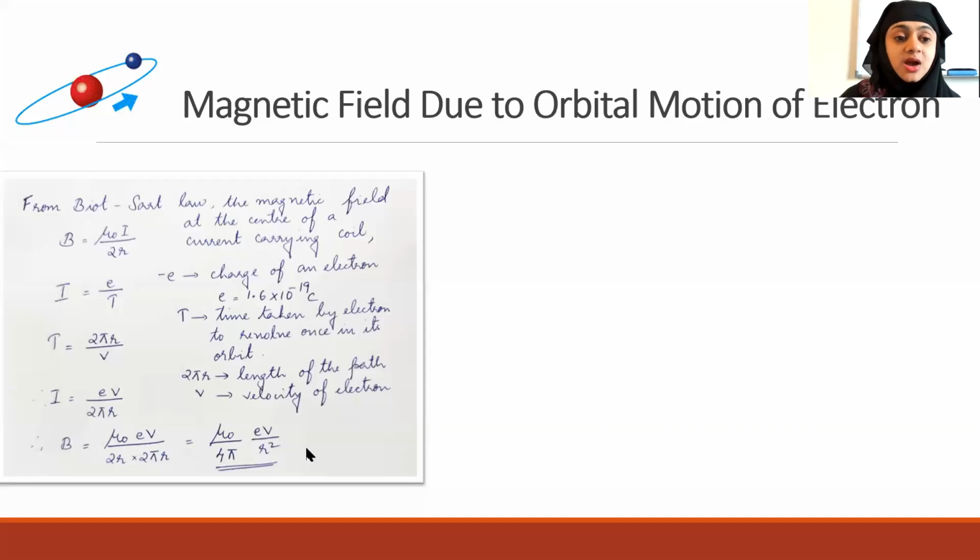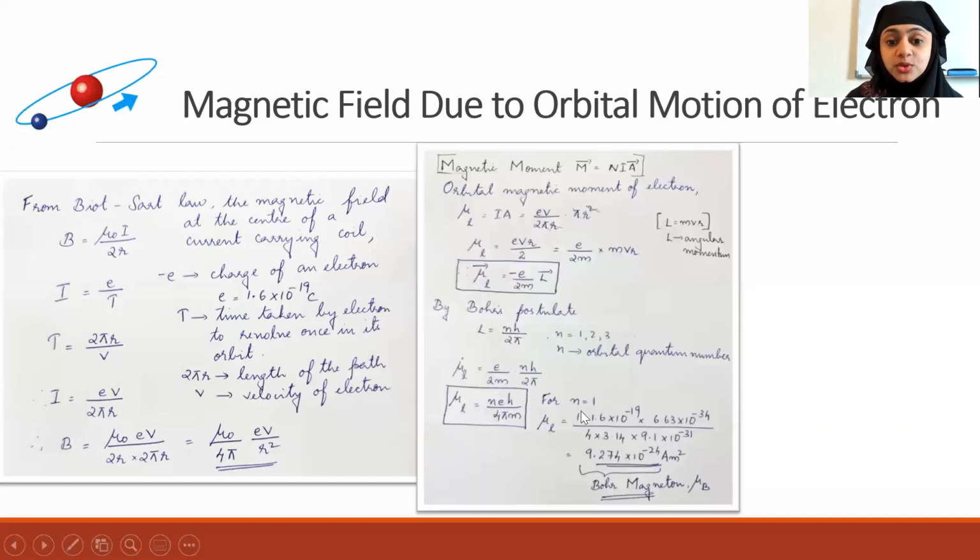So let us now see the magnetic moment, or the orbital magnetic moment, due to the orbital motion of an electron. We know that any body which is making a circular motion will have an angular momentum. Here the angular momentum is represented by L. Angular momentum, you know, is equal to r cross p, where p is the linear momentum.